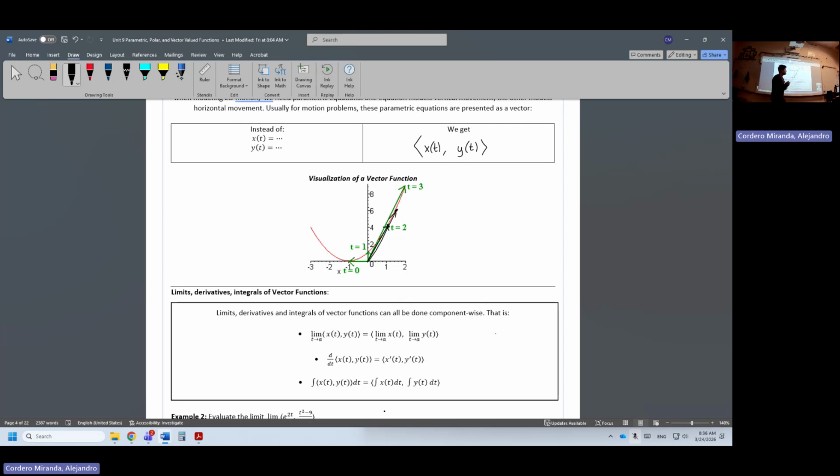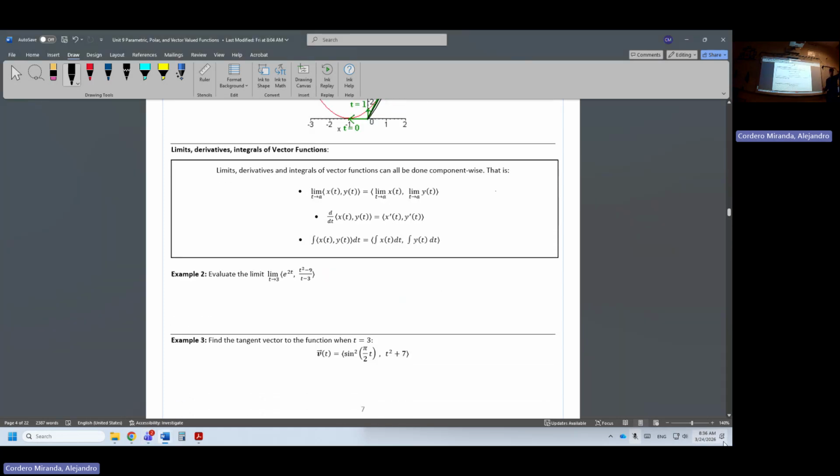Okay, well then here's the good news: doing calculus on vector functions is very, very easy. It's exactly what you would hope it would be. The three main ideas in calculus, as you've seen, are limits, derivatives, and integrals, and all of them work as you would hope.